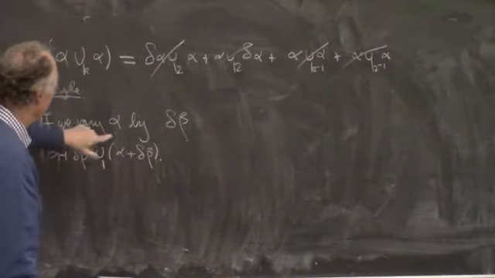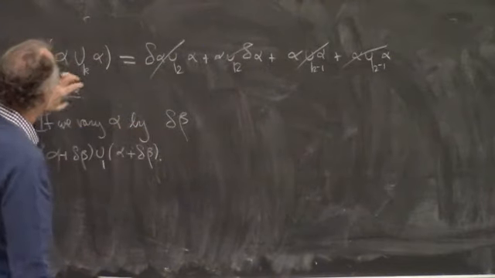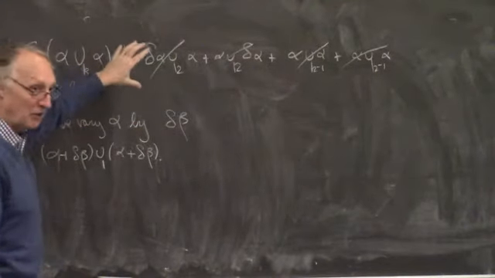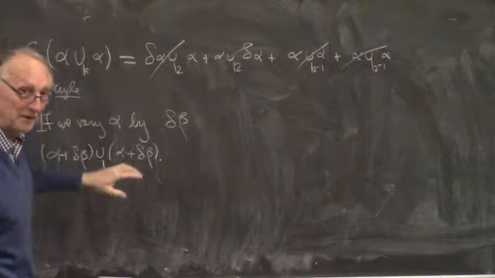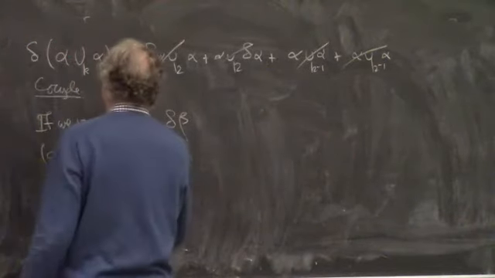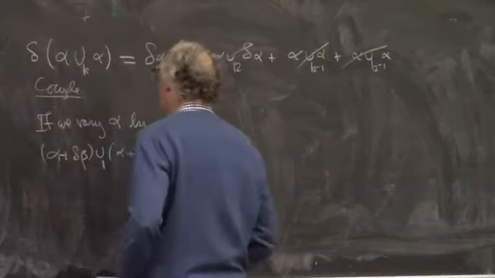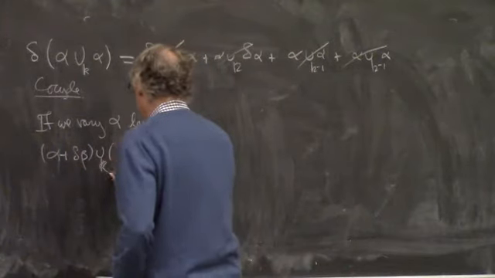I want to show that if I vary alpha by a coboundary, I vary the resulting cocycle by a coboundary. So I want to take cup K of this.